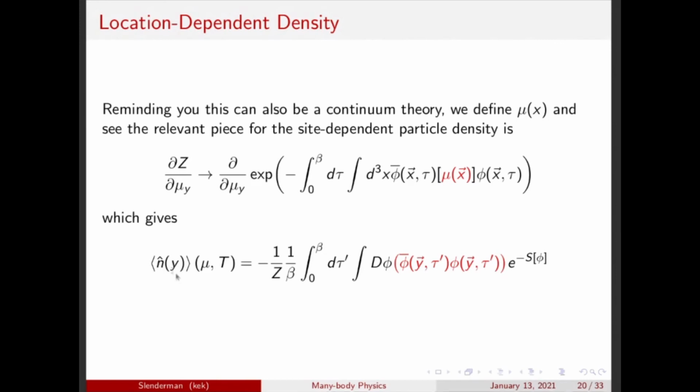So now we have a location-dependent density as a function of, say, mu and the chemical potential and the temperature. So just as before, we can evaluate it by computing this functional integral. That's not so easy, as I have commented before, but the expression is there.